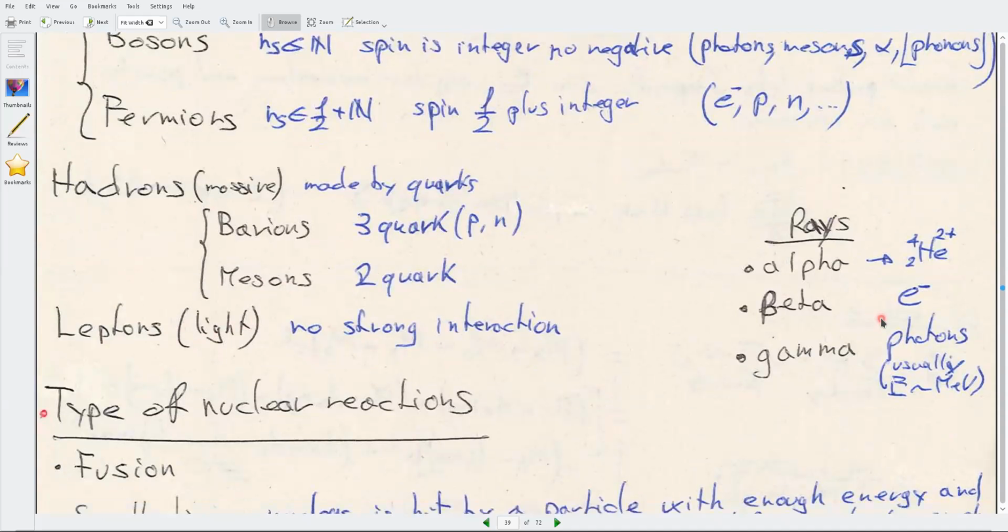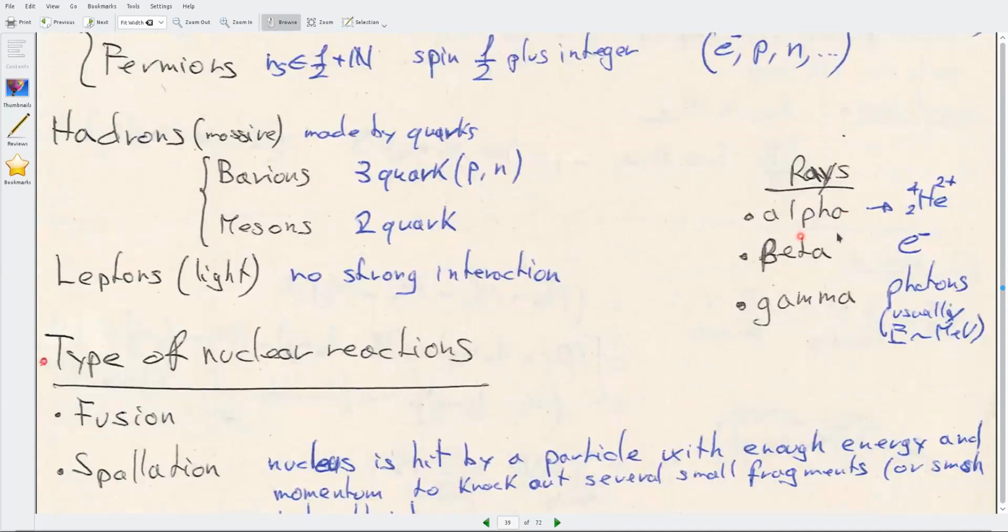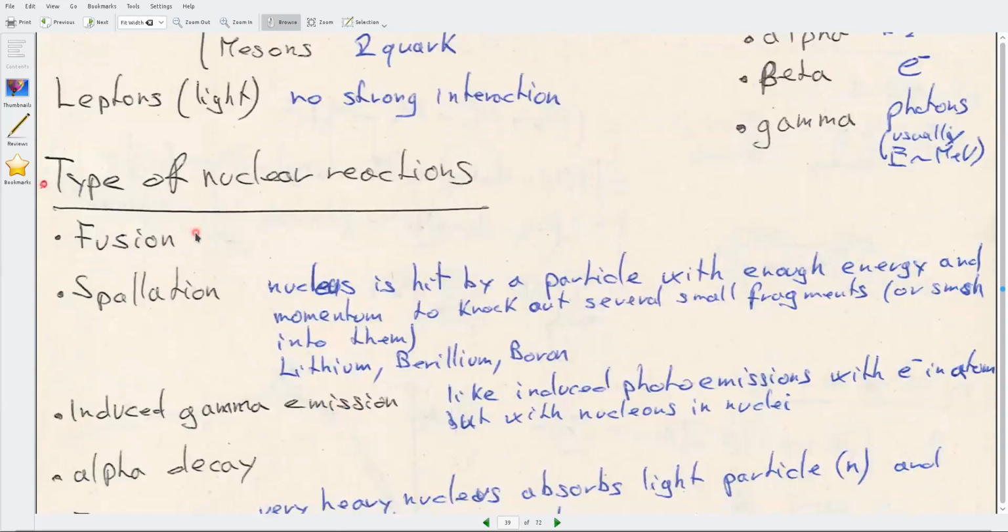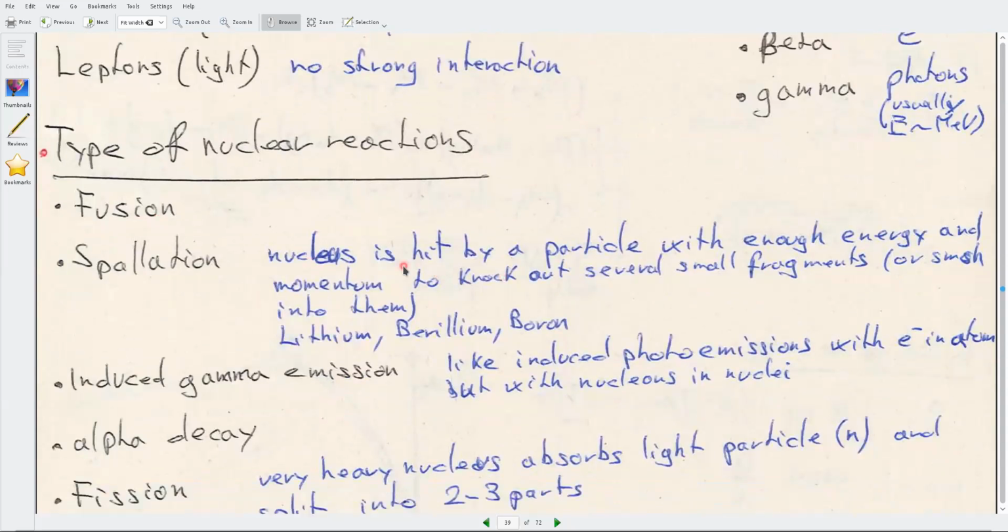The famous rays divide into alpha, beta, and gamma. Alpha rays are nuclei of helium. Beta rays are electrons, and gamma rays are photons, usually of energy around 1 mega electron volt. Types of nuclear reaction: we have fusion, and spallation, where a nucleon is hit by a particle with enough energy to break it.